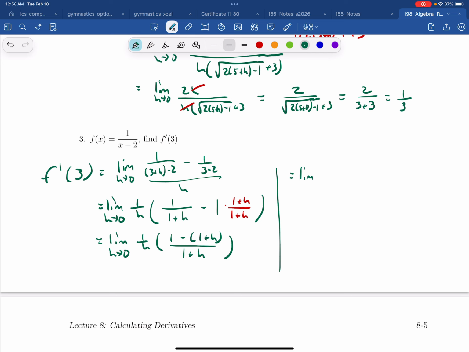And anyway, we get the limit as h approaches 0 of 1 over h times, the 1's, of course, cancel as they always should, and we get negative h over 1 plus h. Well, that's going to cancel with that, and we're left with a negative 1. Don't forget about the negative. So we have negative 1 over 1 plus 0. Negative 1. And that's our answer.